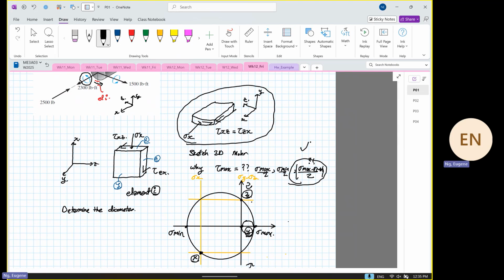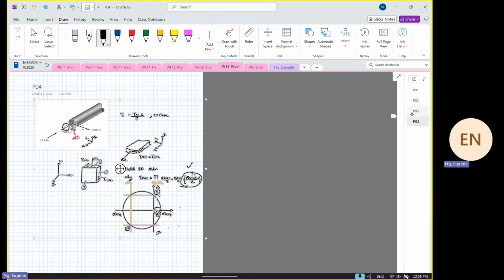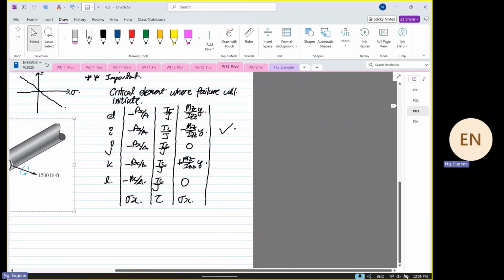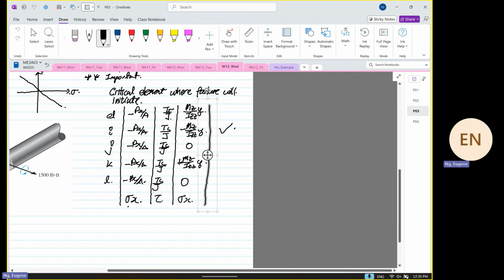So we've been through a process where we compare the stress state over here, based on the normal stresses, and based on the shear stress, but shear stress happens to be constant. So we discover element I has the highest compressive stress.